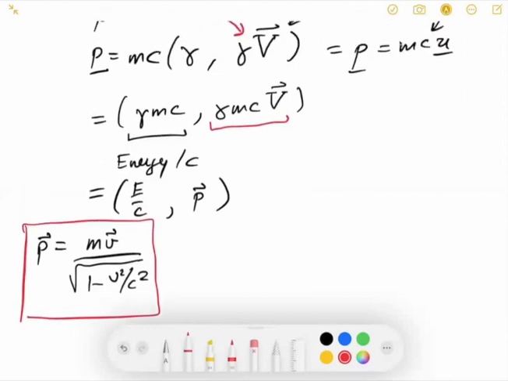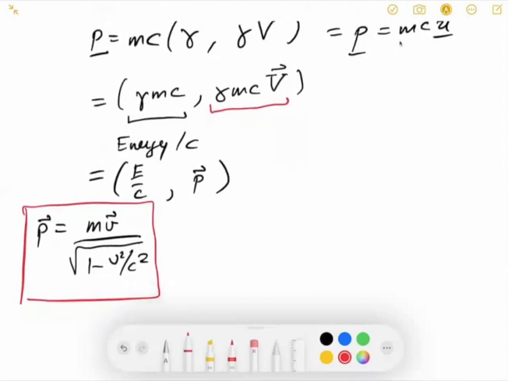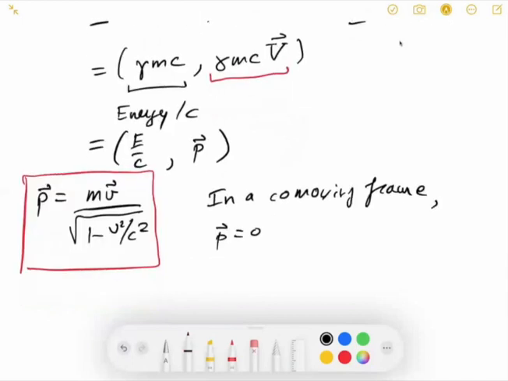But we also know that in a co-moving frame, P is 0, and gamma is 1.